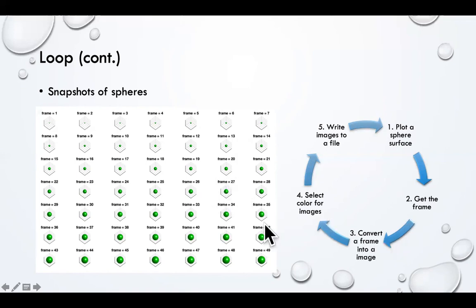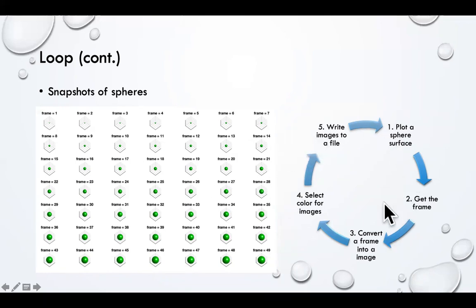Then I convert this frame, which is this plot, into an image and save it in the memory of Matlab, okay? And once I have the image, I specify all of the color for this image. Here I specify green. So you need to specify it as RGB, otherwise it's just a data set in memory. Then you just write this image into a file.